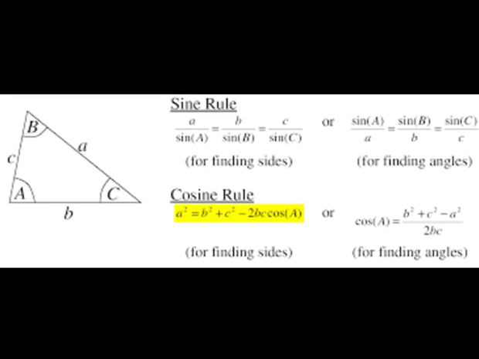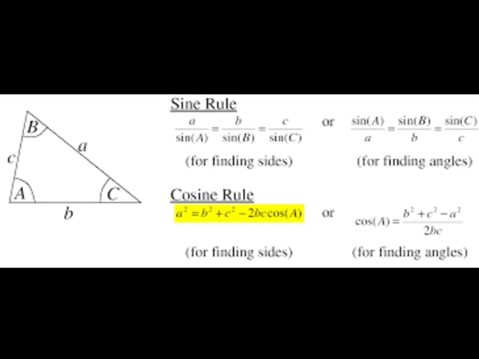When to use this rule? First case is when you get two angles and one side. Case 2 is two sides and one non-included angle, where the angle is not between the two given sides. Next is the cosine rule.